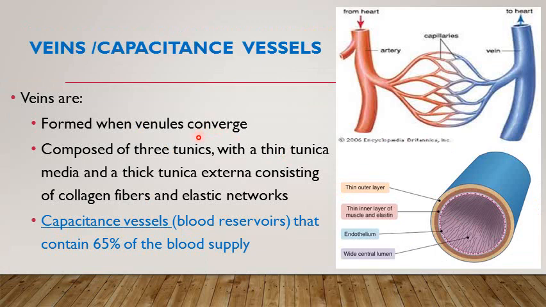So we have finished with the arteries ending up into the capillaries. Now these capillaries converge and join together at the ends, and then make up the venules, which are the venous end of the blood vessels.